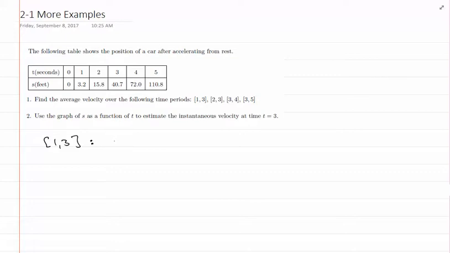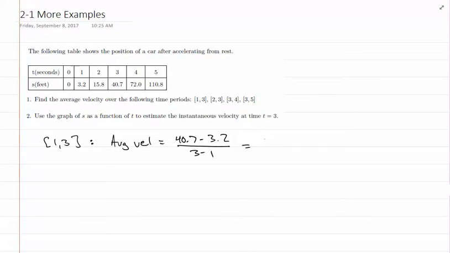Okay, so from 1 to 3, the average velocity would be the change in position. That would be the distance over the change in time. So it'd be 40.7 minus 3.2, that's the change in distance, over 3 minus 1, which is the change in time.